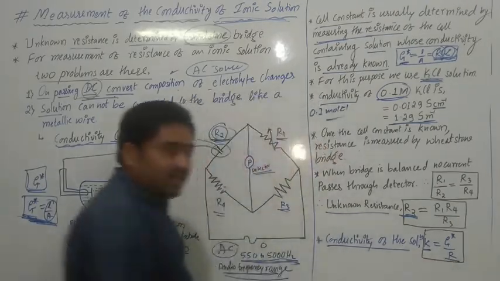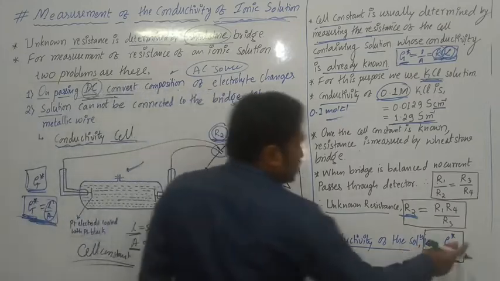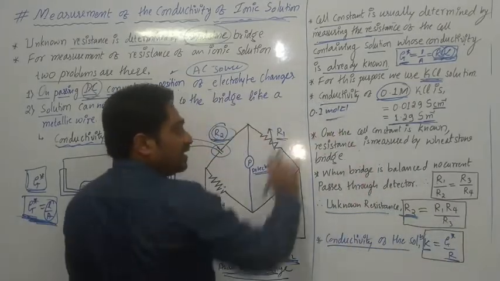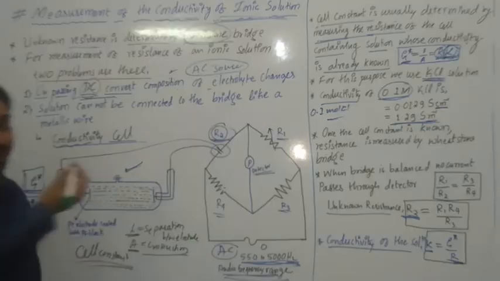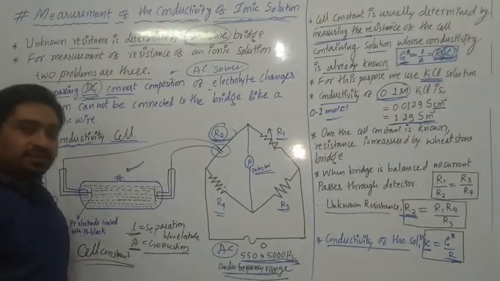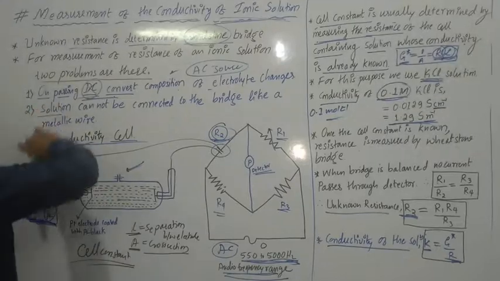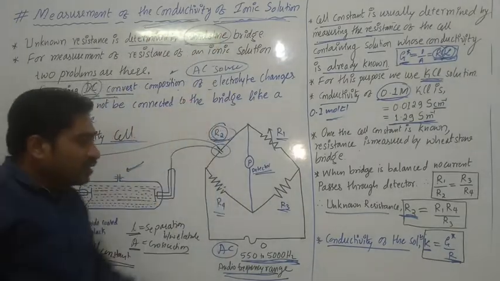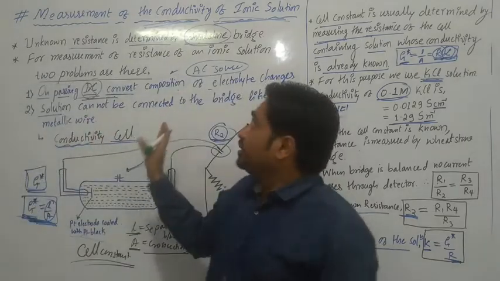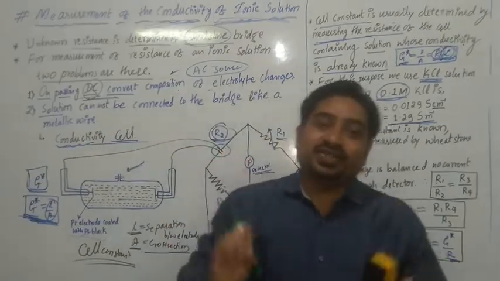R means resistance. This cell constant is determined by using KCl solution, and R is determined by using the Wheatstone bridge. So by this method we can measure the conductivity of ionic solution. So this is about the measurement of conductivity of ionic solution.